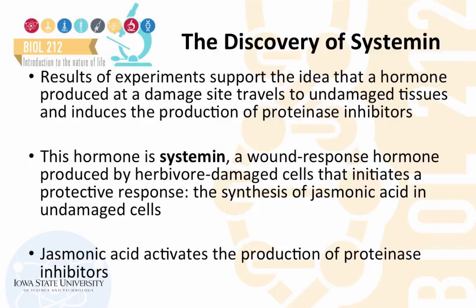This hormone is called cysteamine, a wound response hormone produced by herbivore-damaged cells that initiates a protective response, which is the synthesis of jasmonic acid in undamaged cells. Jasmonic acid in turn activates the production of proteinase inhibitors that make the herbivore consuming the plant sick.